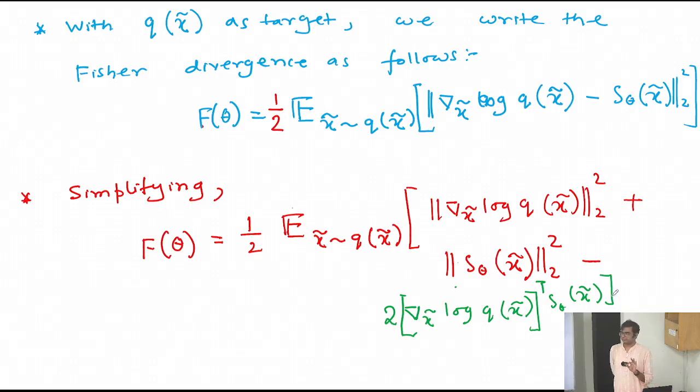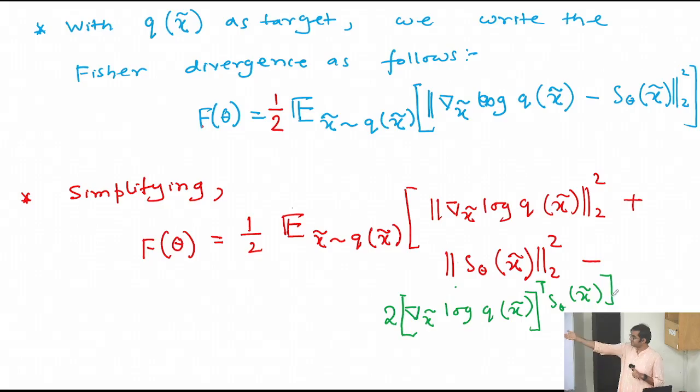Everyone follows? First term is not a function of theta. That's a constant for us. So we will ignore that term. Second term will remain as it is. Our main bottleneck is the green term. So we will now work only on the green term because it is the green term that was giving rise to that Hessian, right?